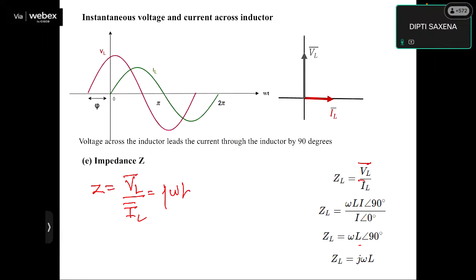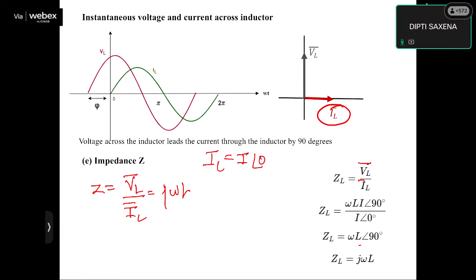Now, if I want to see the phasor relationship between the current through the inductor and the voltage across the inductor, we first have to decide the reference phasor. Let us take the reference phasor to be the current. We prefer to draw the reference phasor along the horizontal line. It is not a thumb rule; you can draw the reference phasor in any direction, but once you have decided it, you have to draw the other phasors with respect to it. So IL was equal to I angle 0.